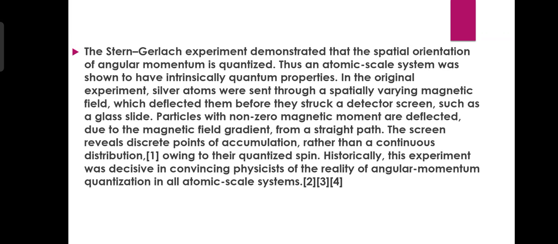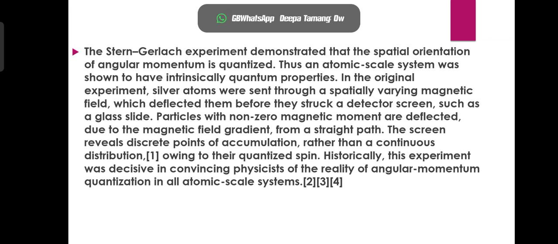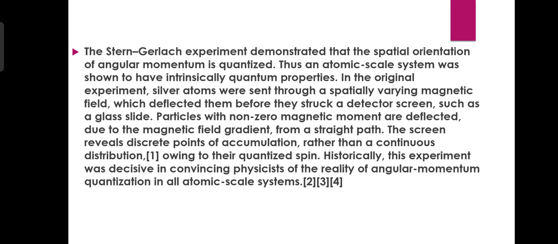Particles with a non-zero magnetic moment are deflected from a straight path due to the magnetic field gradient. The screen reveals discrete points of accumulation rather than a continuous distribution. Owing to their quantized spin, historically the experiment was decisive in convincing physicists of the reality of angular momentum quantization in all atomic scale systems.